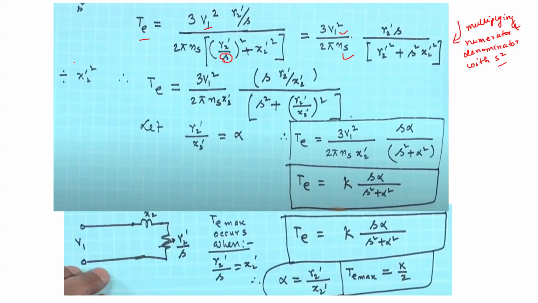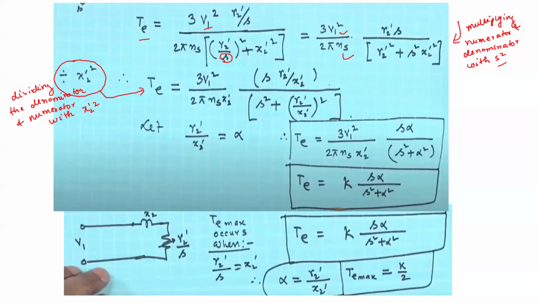Now we are dividing by X2 dash whole square. In this step, we divide both the numerator and denominator by X2 dash square, and you will get this kind of an expression.